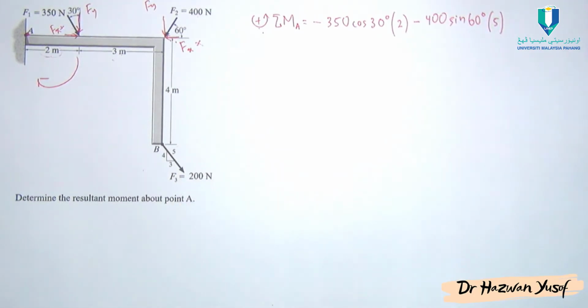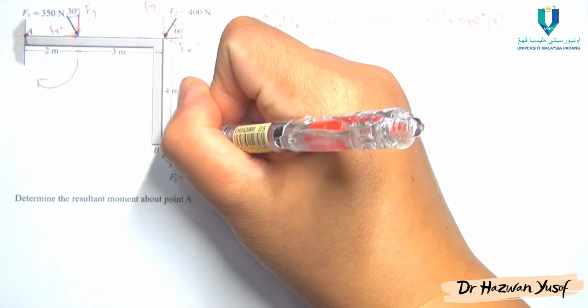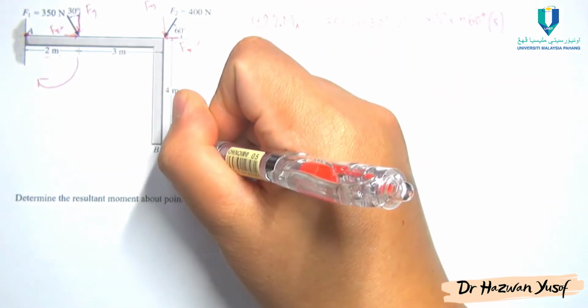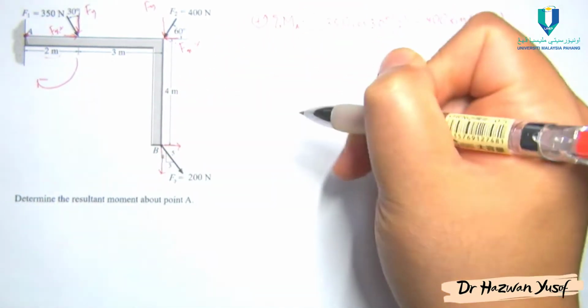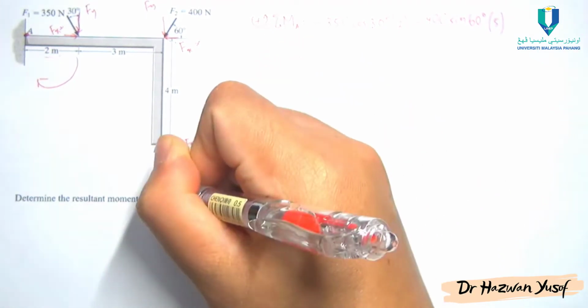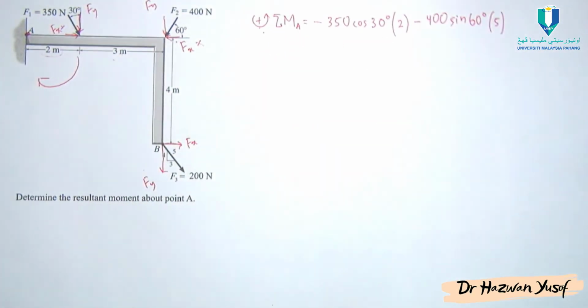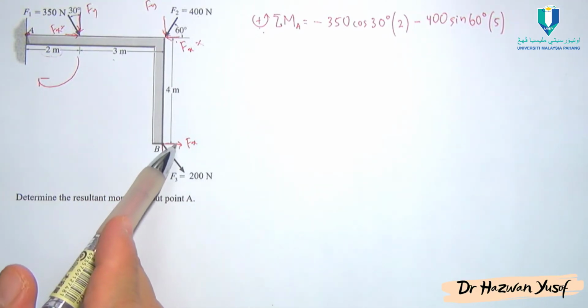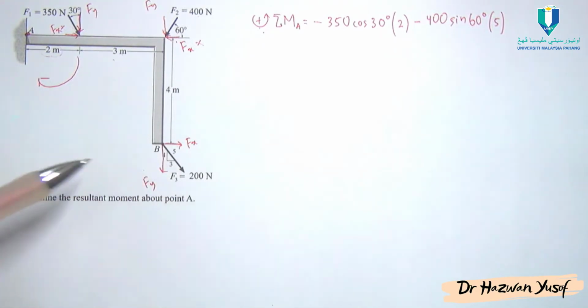Right, next we proceed to F3. F3 also, we can resolve into X direction and Y direction, Fx and Fy. Let's look at Fx first. This Fx is pointing towards the right side. So what will happen to the rotation?